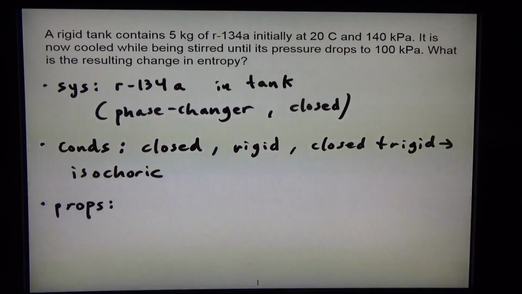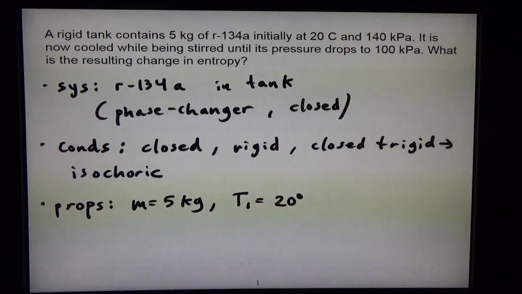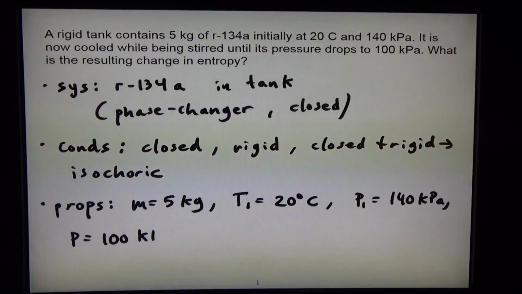For the properties, we're given the mass is 5 kilograms. We have the initial temperature is 20 degrees Celsius. Initial pressure 140 kilopascal. And final pressure is 100 kilopascal.